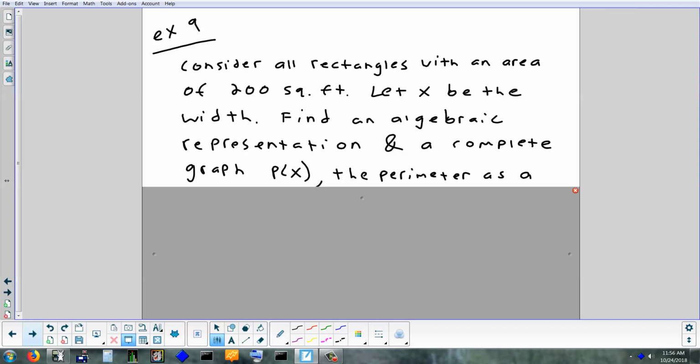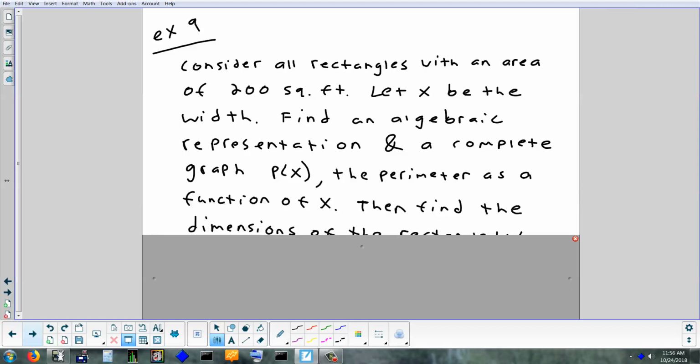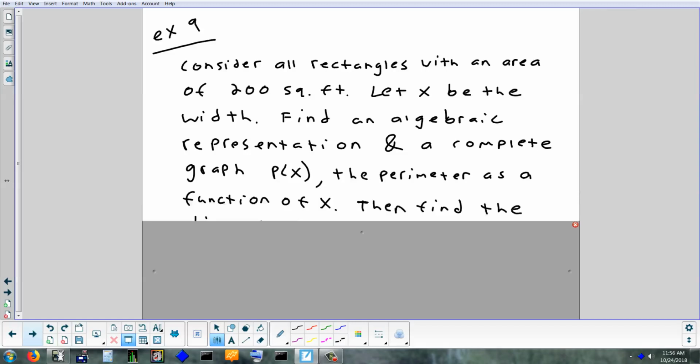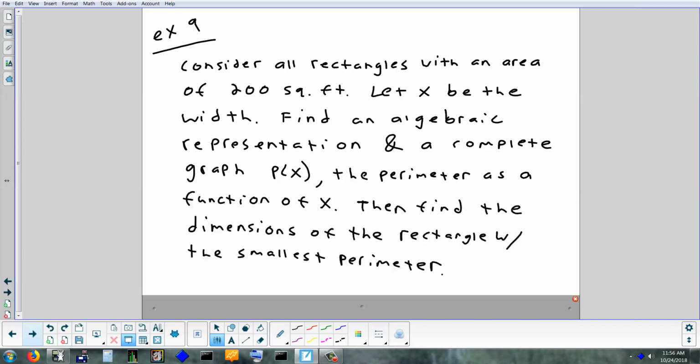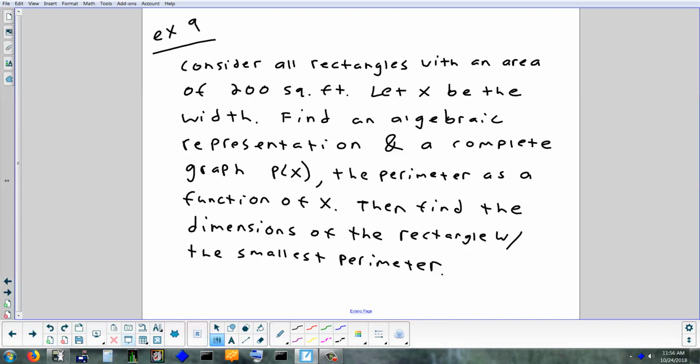We're going to let x be the width. I want to find an equation, and then I'm going to graph it for the perimeter as a function of the width. And then once I have that equation, I want to find the dimensions of the rectangle that have the smallest perimeter. Okay, the smallest perimeter.